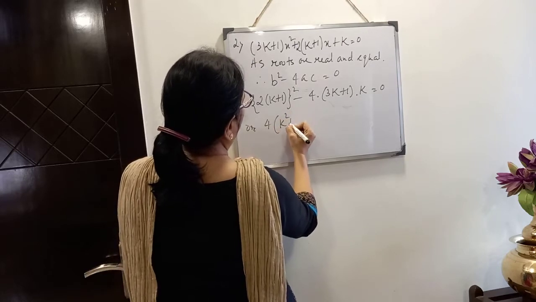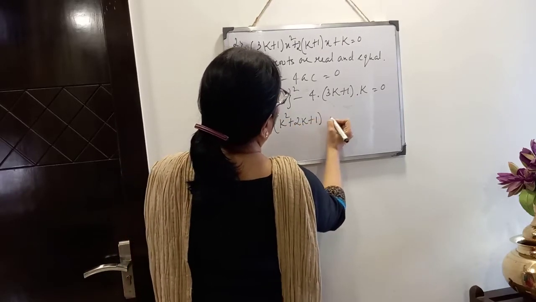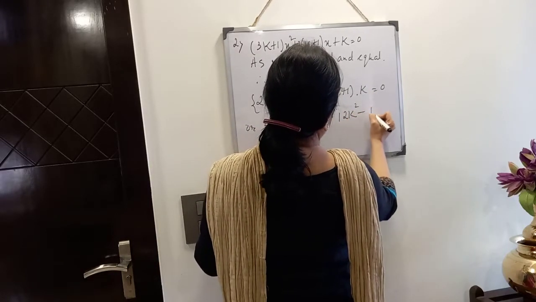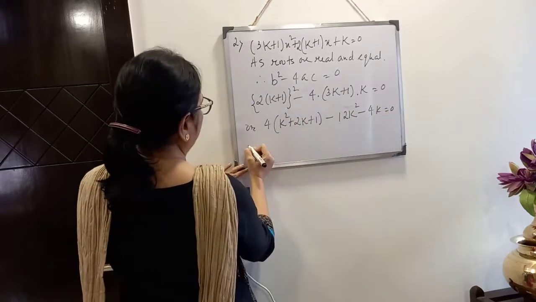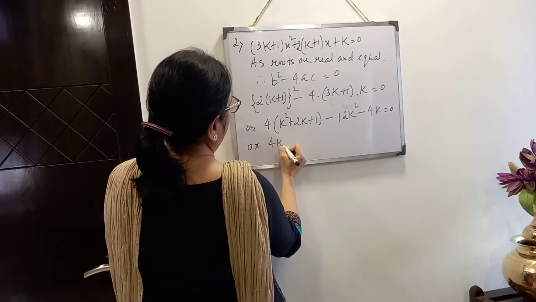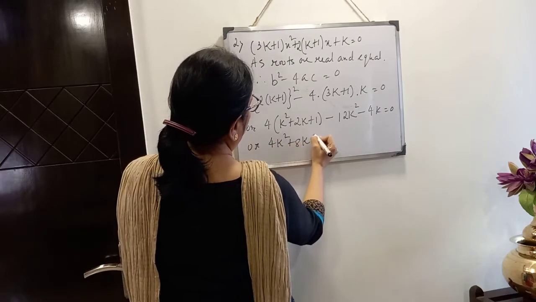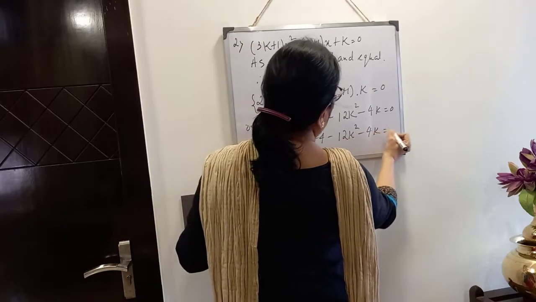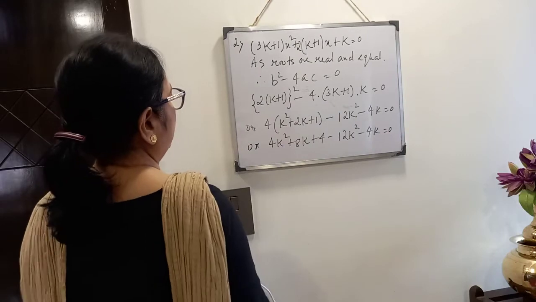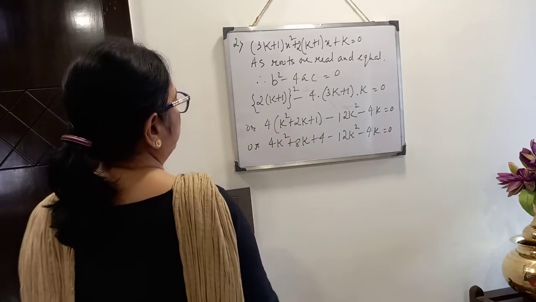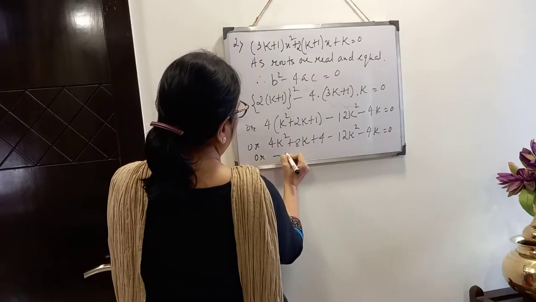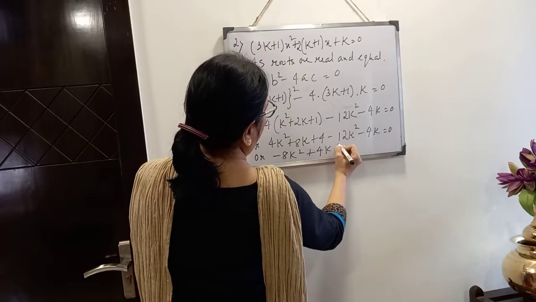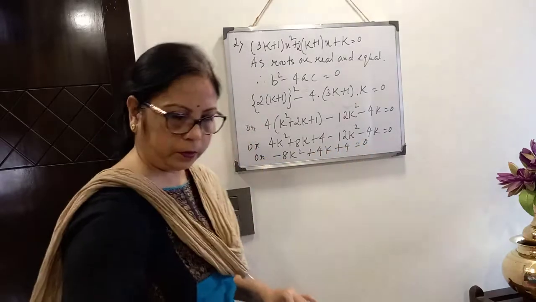Using the k plus 1 whole square formula, 5k square minus 12k square minus 8k, 8k plus 4k plus 4 equal to 0.